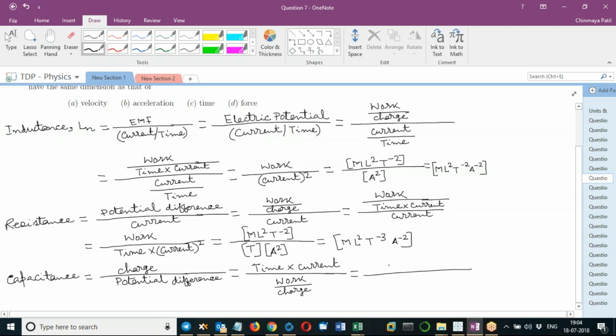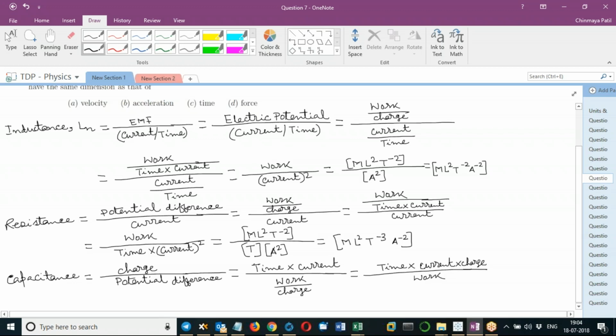We'll get time into current into charge divided by work.